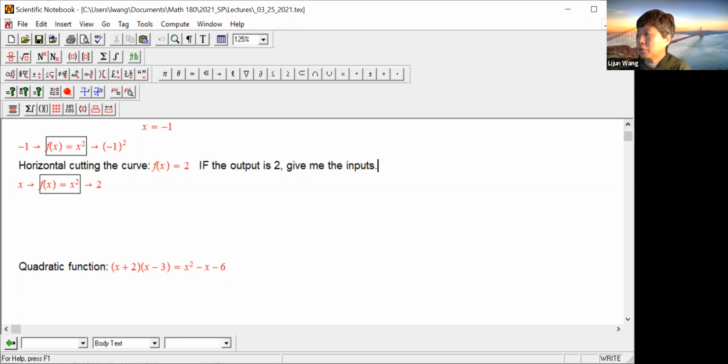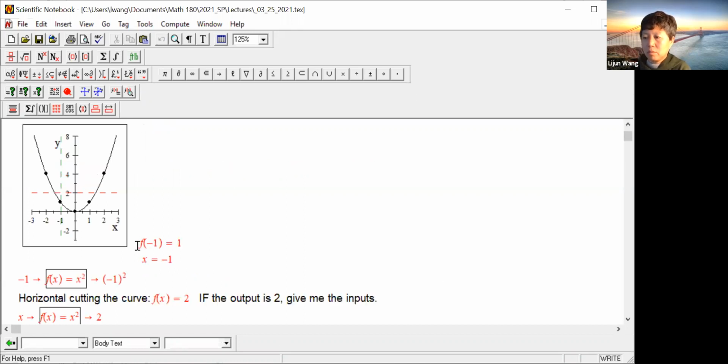So when you look at these notations, f of -1 and f of x equals 2, these actually send us different messages. This one tells us the input is given, which is a vertical cut. And this one is telling us the output is given, we're looking for the input, so it's a horizontal cut. Did I make myself clear? Everybody? Then you will ask, is this the case for any function?